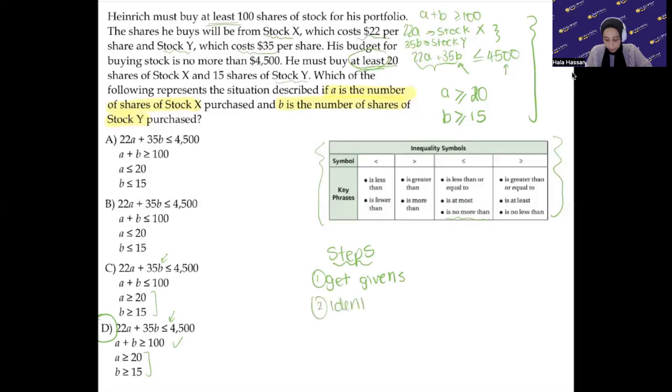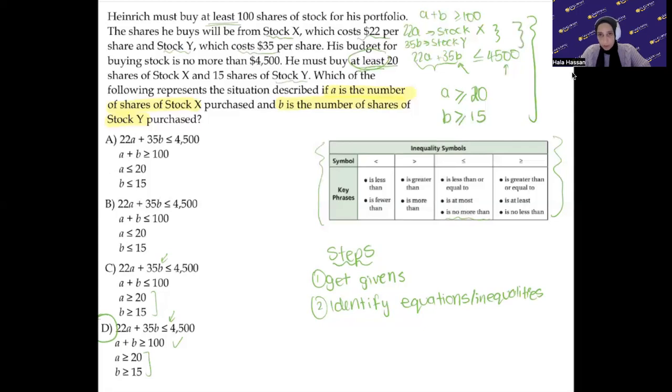Identify equations, or inequalities in this case. That's what we did over here.